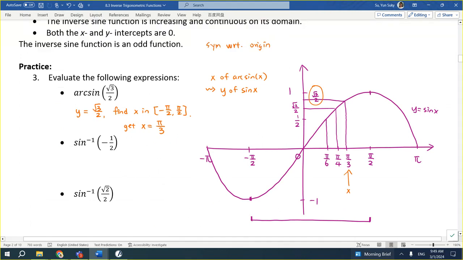Okay, let's do more. How about inverse sine of negative 1/2? Now it means your y is negative 1/2, right? And we want to find the x. Where is negative 1/2? Down there. This is negative 1, this is negative 1/2, and you find the x.